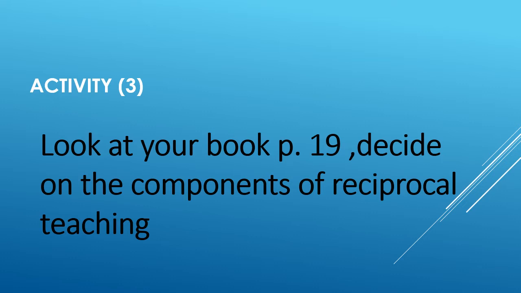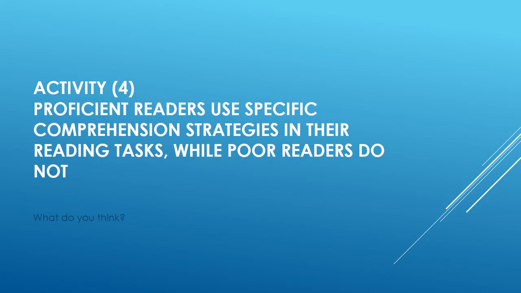What are the components of reciprocal teaching? Activity 4. Proficient readers use specific comprehension strategies in their reading tasks, while poor readers do not. Again, proficient readers use specific comprehension strategies in their reading tasks, while poor readers don't. What do you think?